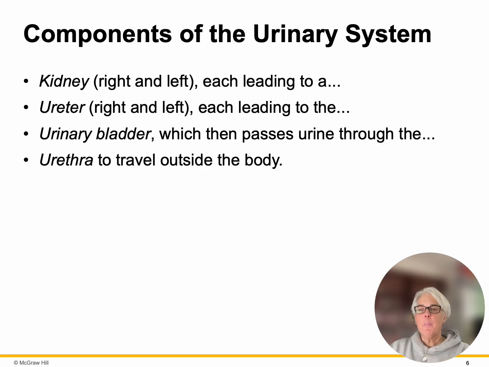On the slide, I'm reminding you of the basic pathway for urine. Kidneys, ureter, bladder, urethra. The kidneys filter the blood and produce urine. The ureters carry urine to the bladder, where the bladder stores it, and the urethra carries it out of the body. From a coding perspective, I need you to listen carefully for the site.